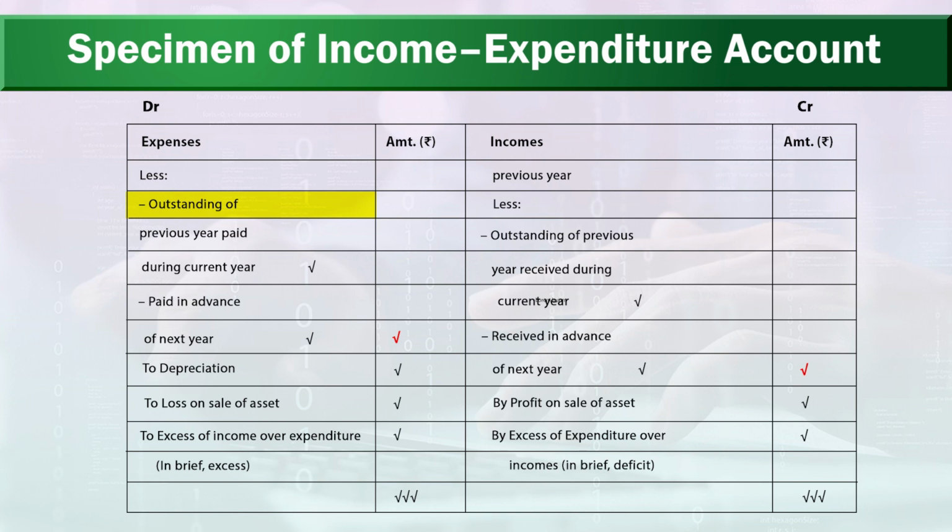The outstanding revenue expenses which are paid during the current year are deducted. The expenses which are paid in advance for the next year would also be deducted. The total revenue expenses of the current year is written in the amount column where the red tick mark is shown. The second item is depreciation followed by loss on sale of asset.